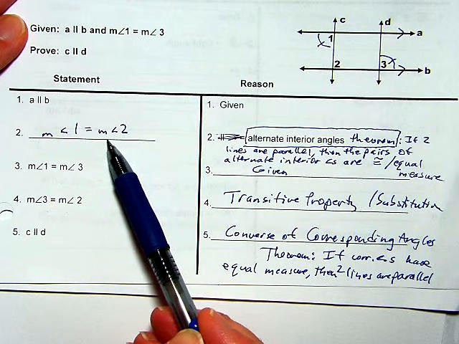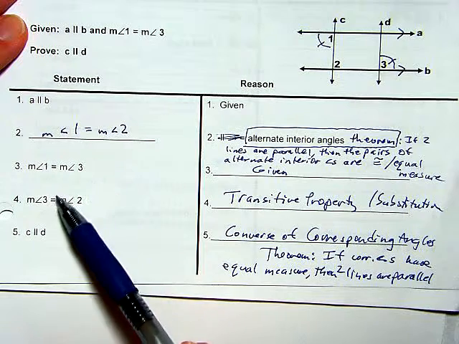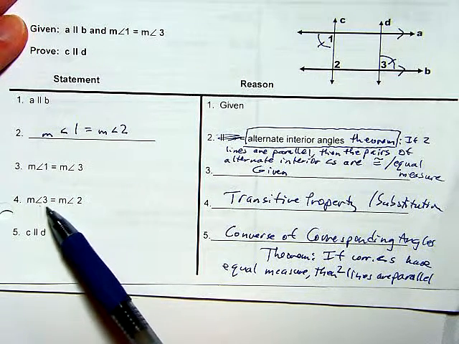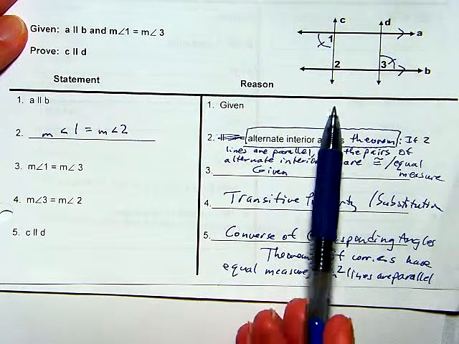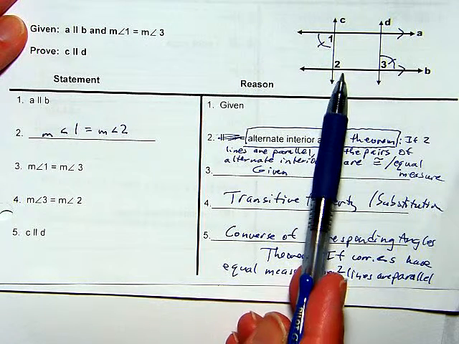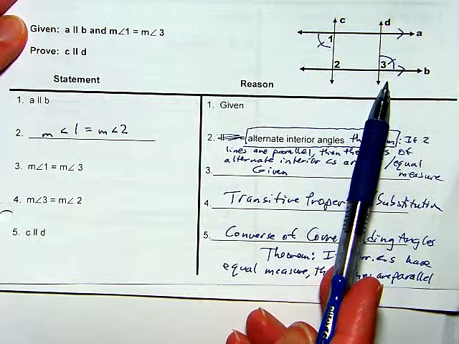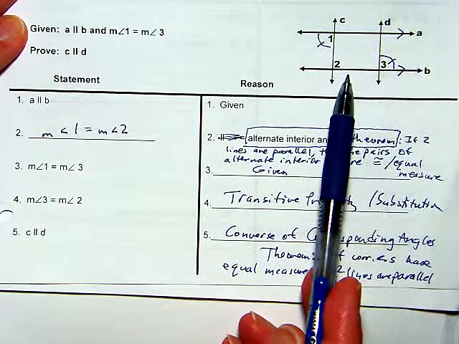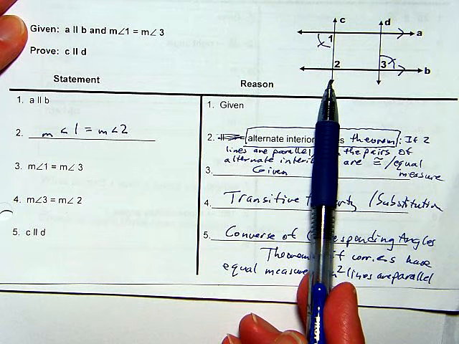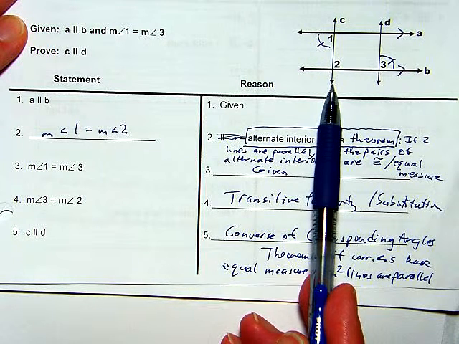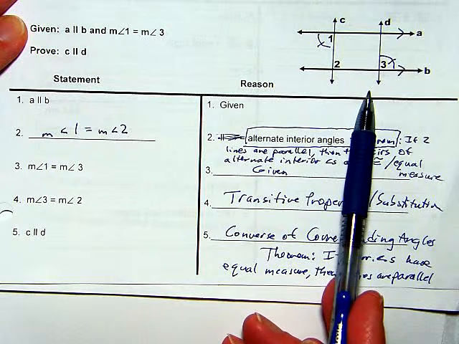And then through transitivity, with what we were given, we were able to conclude that 3 and 2 had equal measure, and because these are corresponding angles with equal measure, that implies, through the converse of the corresponding angles theorem, that therefore lines C and D are parallel.